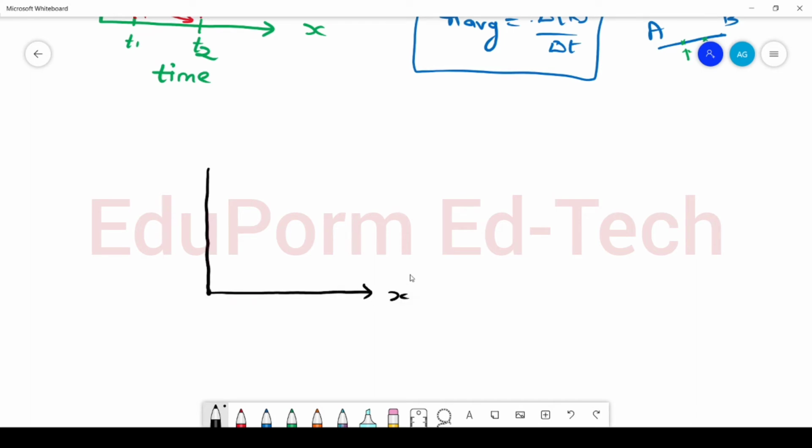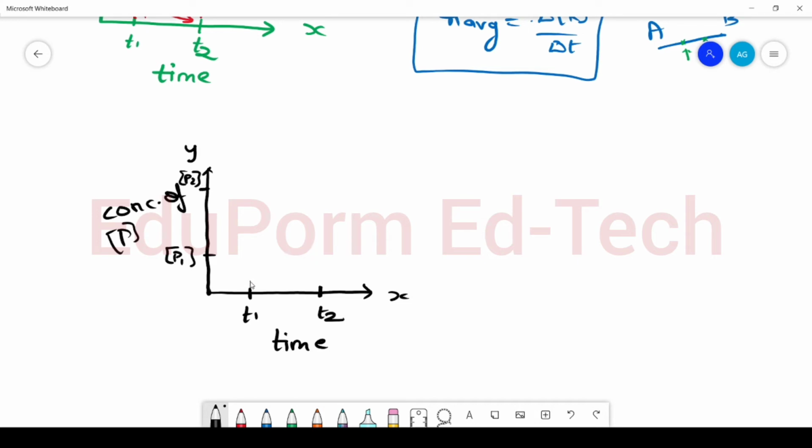Now let's study the graph of products. This is the y-axis and this is the x-axis. On the y-axis we have concentration of product. On the x-axis we have time. Let's say at time T1 the concentration of product was P1, and when time increased and reached T2, the concentration increased and reached P2.